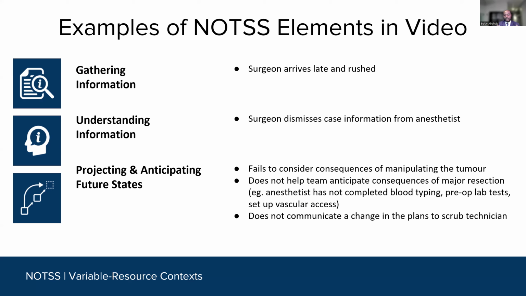And when the surgeon noticed that the patient was deteriorating, he asked if the ICU bed was ready, but he didn't anticipate and communicate with the nurse and anesthetist that they would need the ICU bed.